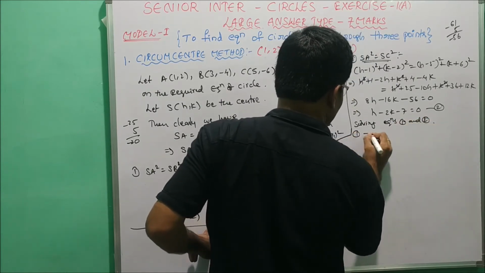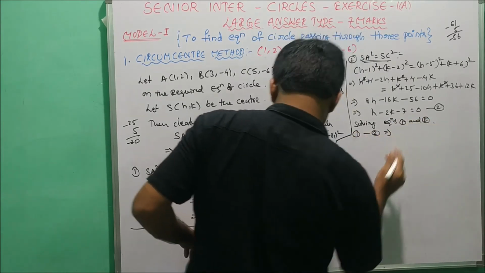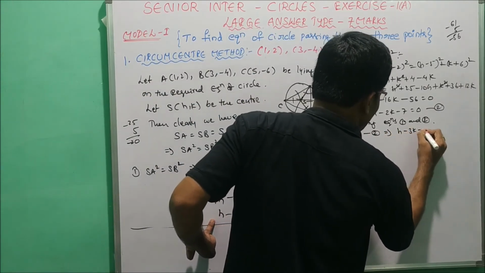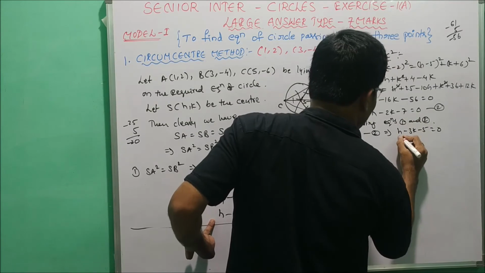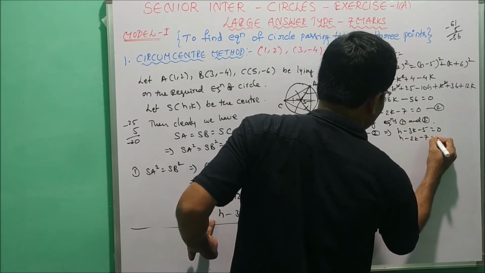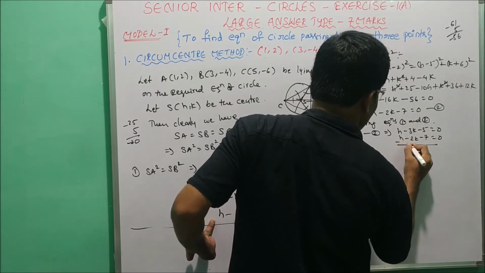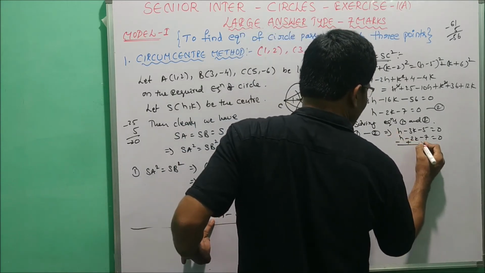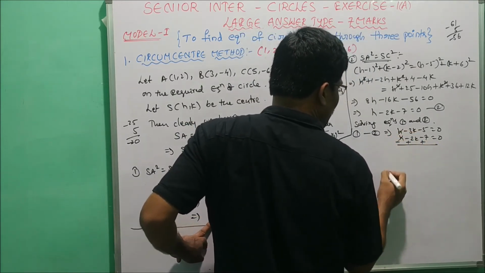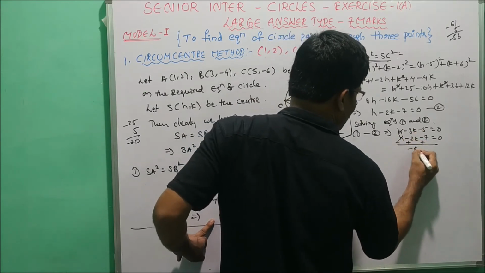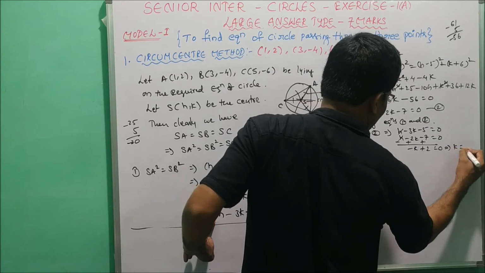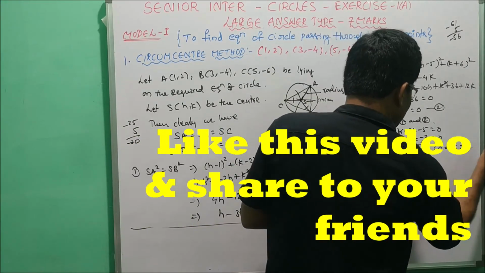That is h minus 3k minus 5 equals 0, and h minus 2k minus 7 equals 0. Now we subtract; in the second equation signs will be changed. h cancels, minus 3k plus 2k, that is minus k, plus 2 equals 0. Here we write k equals 2.